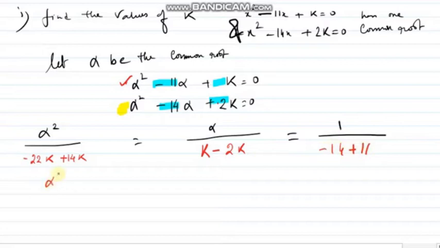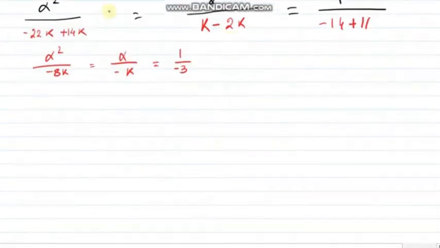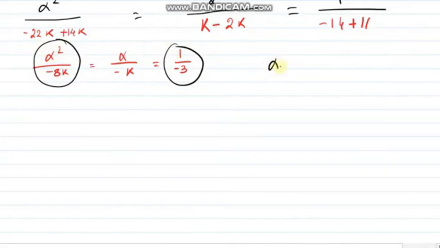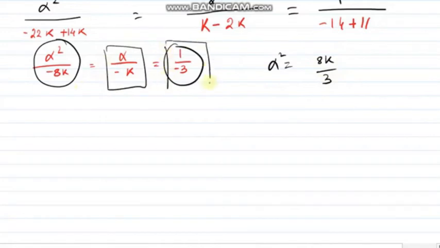So it will be alpha square divided by minus 8k equals to alpha divided by minus k equals to 1 divided by minus 3. So from this one and this one, can we write alpha square is equal to 8k divided by 3? And from this one and this one, can I write that alpha equals to k divided by 3?